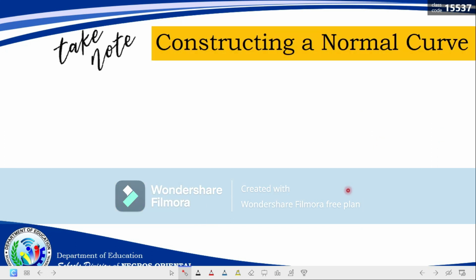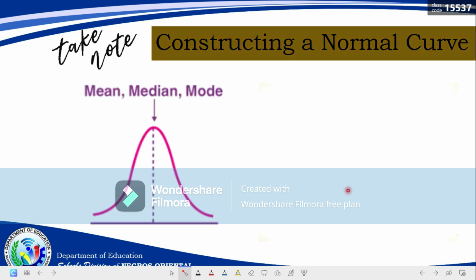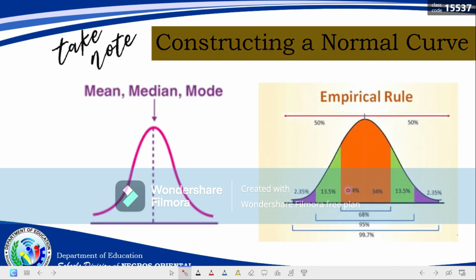Okay. Now, constructing a normal curve. Again we have this one, and the mean, median, and mode must be equal and located at the center. And we have the empirical rule. The orange colored area is 34% and 34%, a total of 68%.